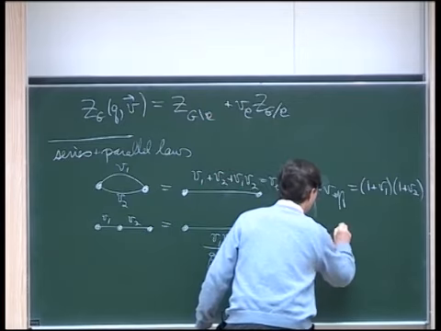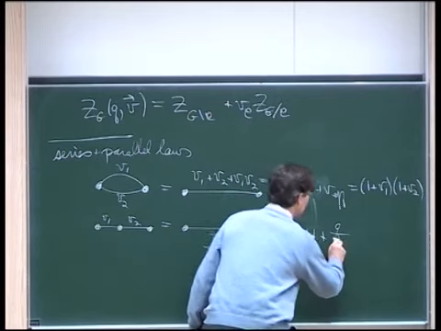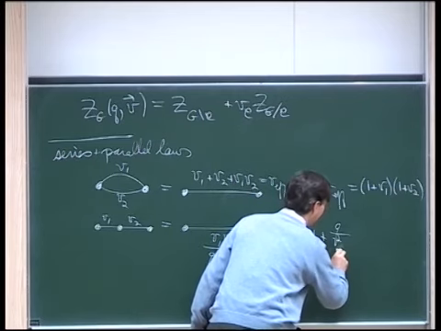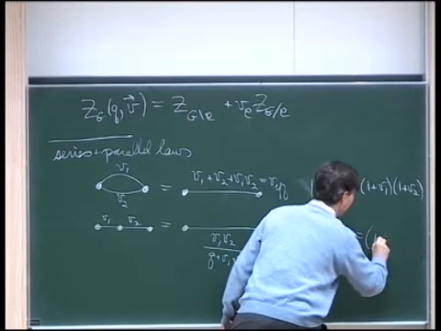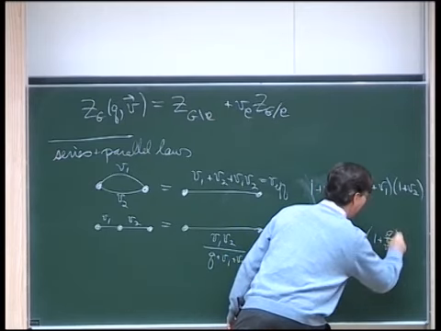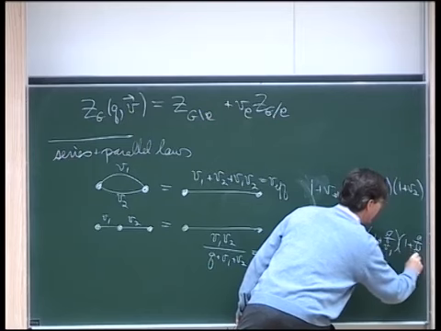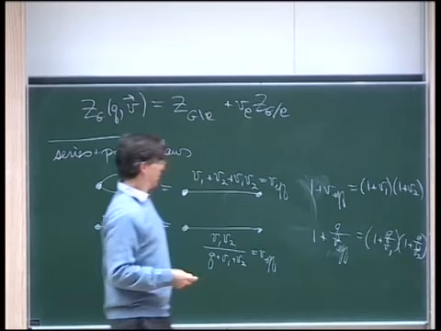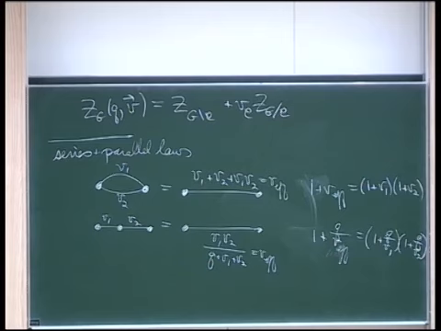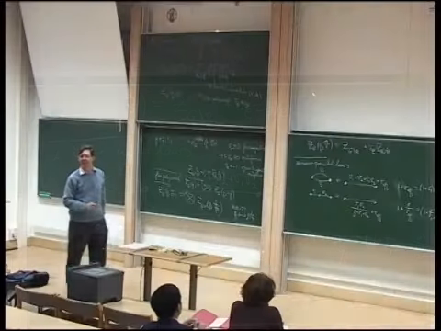And you can write that, if you want, with a little algebra. It's 1 plus Q over V effective equals 1 plus Q over V1 times 1 plus Q over V2. So series says 1 plus Q over V multiplies. And notice those two are related by V goes to Q over V. That's because series and parallel are related by duality.